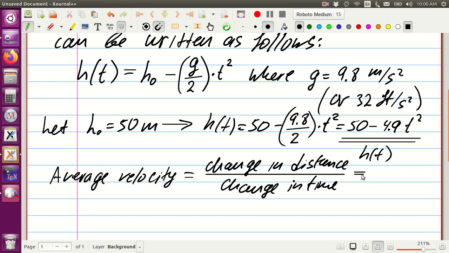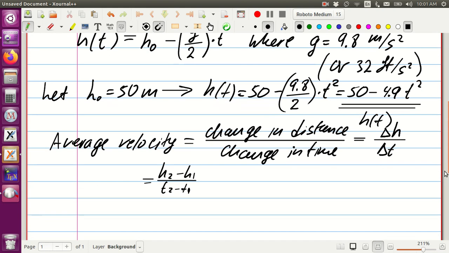So let's think about change in distance. Remember, for the change in something, we usually use the delta symbol. So there's going to be change in h, the change in our height for the object, divided by the change in time. So basically, this tells you h2 minus h1 over t2 minus t1, right?